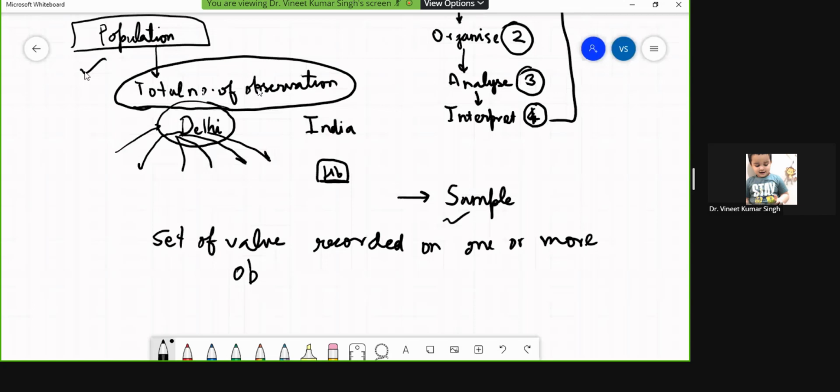Now variable can be quantitative or qualitative also. Now data can be classified also into primary data or secondary data.